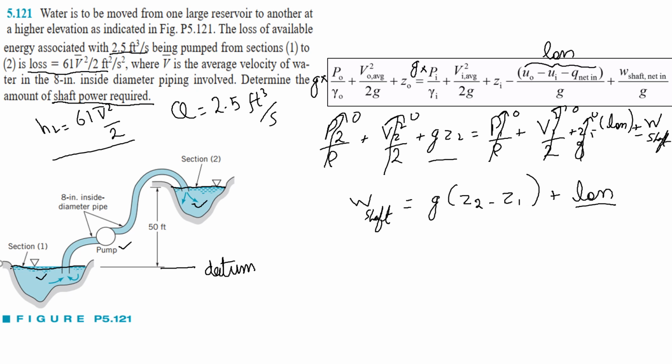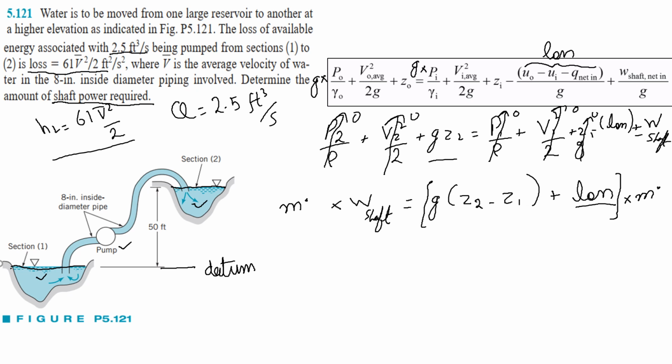We need to find the shaft power, so we are going to multiply both sides by the mass flow rate, multiply this term by m dot. For that purpose, we need to find m dot first.